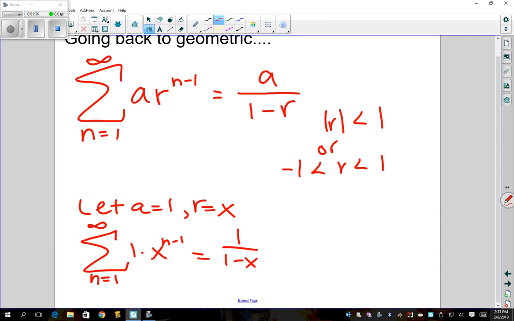And this is basically what we call our power series. So we're not dealing with r equal to a number. We're dealing with the variable x in this power series.